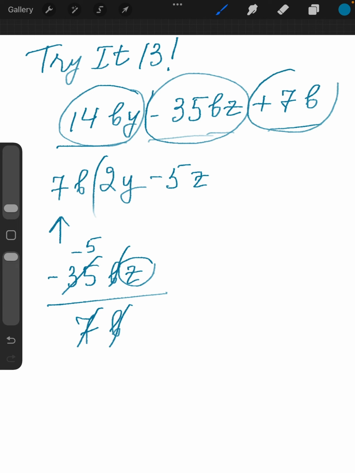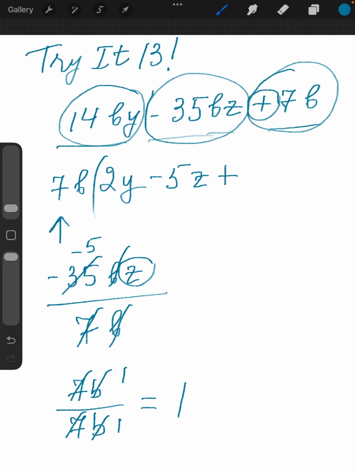Okay, our next term is 7b, and 7b divided by 7b, we pretty much can simplify everything, equals 1, right? And since it's a positive number, we say plus 1, okay?